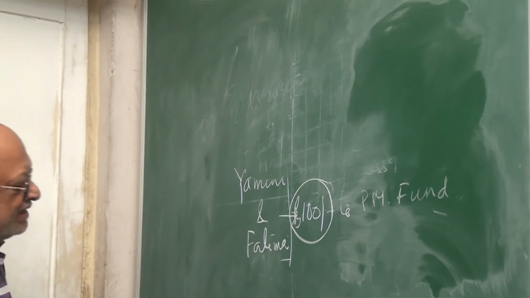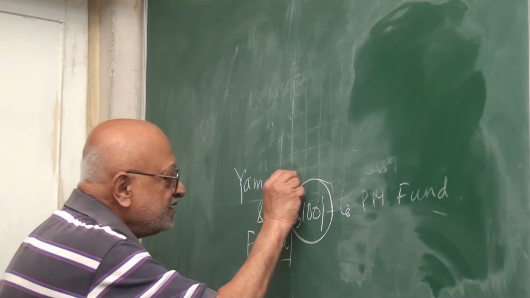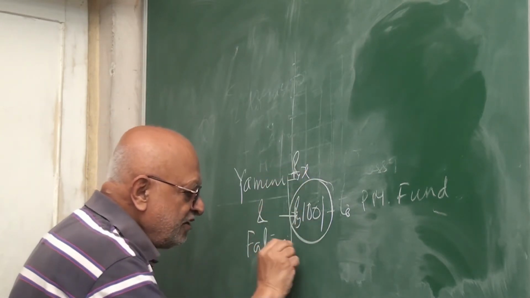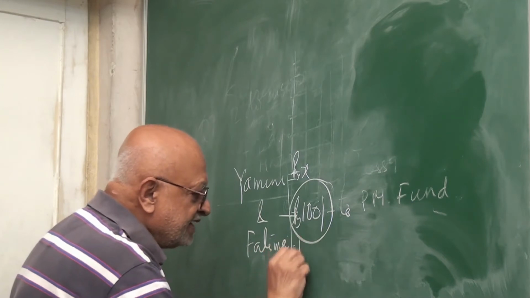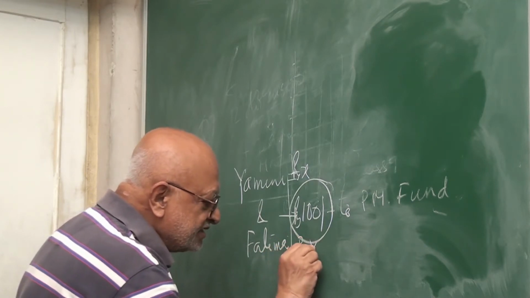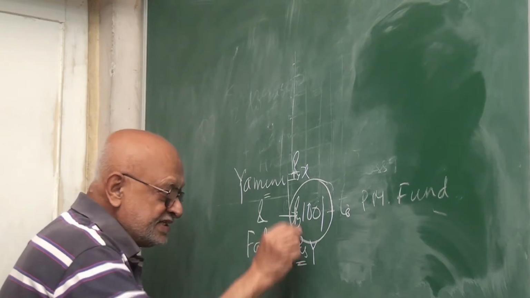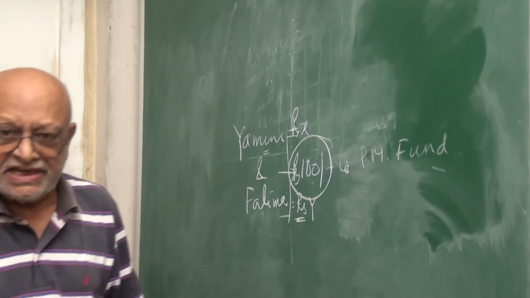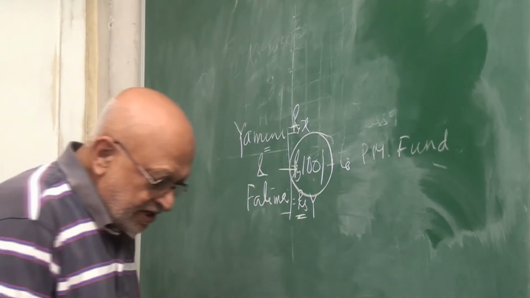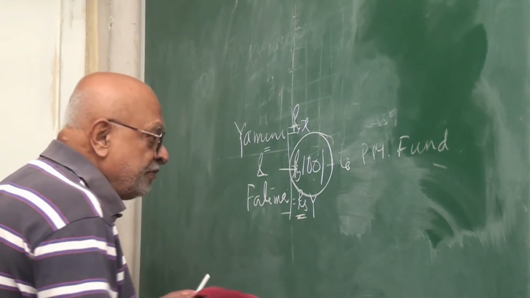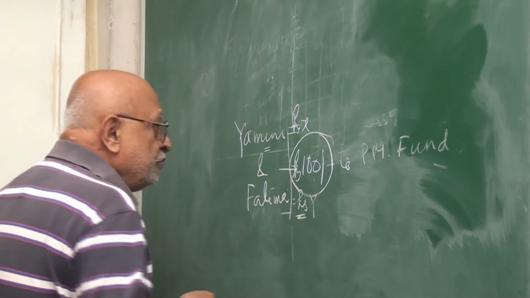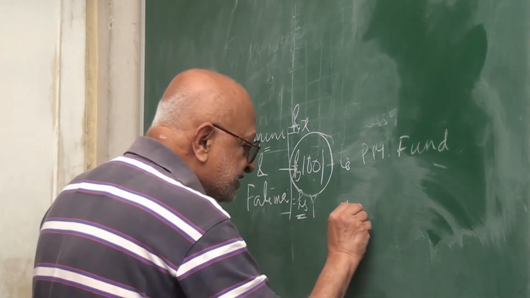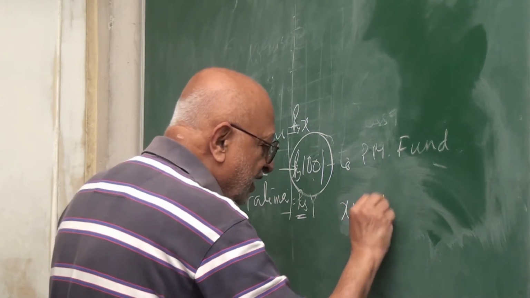I say that let Yamini have paid X rupees and Fatima have paid rupees Y. So these are two variables. They can vary. One can pay 1 rupee and the other can pay 99 rupees. So this kind of change can happen. We don't know, so we have to represent that. So my first equation is X plus Y equal to 100.